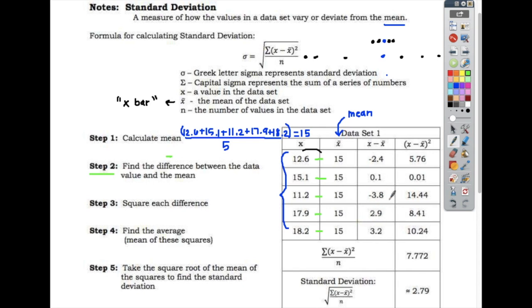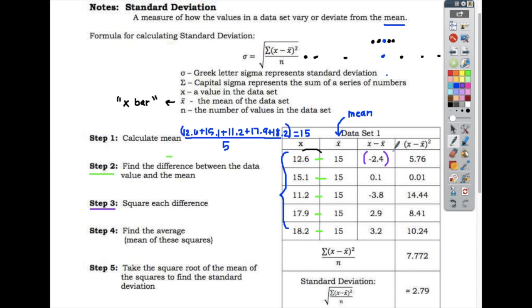Step 3 is then to square each difference. So all of these values that we just got, we need to square them. The important thing, and it's written right here, is this is the part that you're going to type into a calculator. You need to make sure that you put each of these in parentheses before you square them.